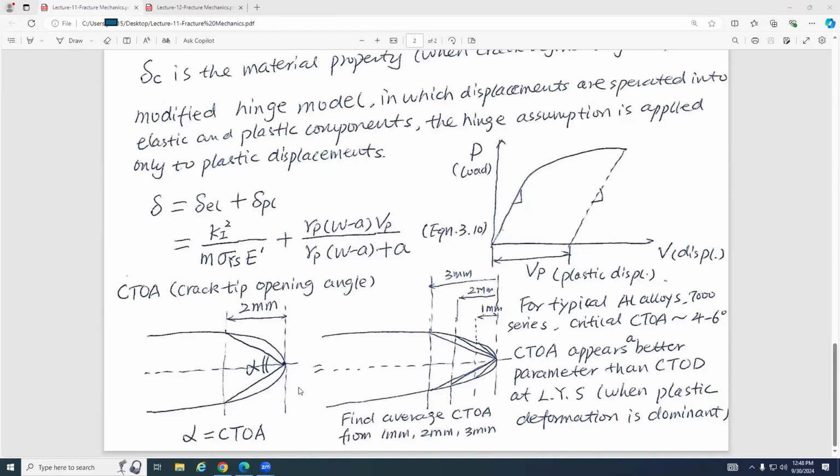So this vertical line intersects this crack face and this crack face at this point and this point respectively. All right? Then you have 3 points: these two and the current crack tip. Then you form this straight line and this straight line. After you get these two lines, the angle formed by these two lines is called CTOA. And CTOA is very similar to the CTOD. That is also a very, very good characteristic to describe fracture mechanics. Any questions regarding this one?